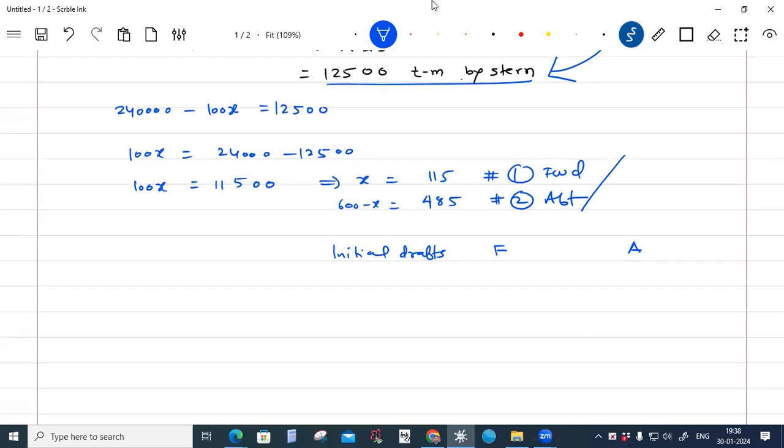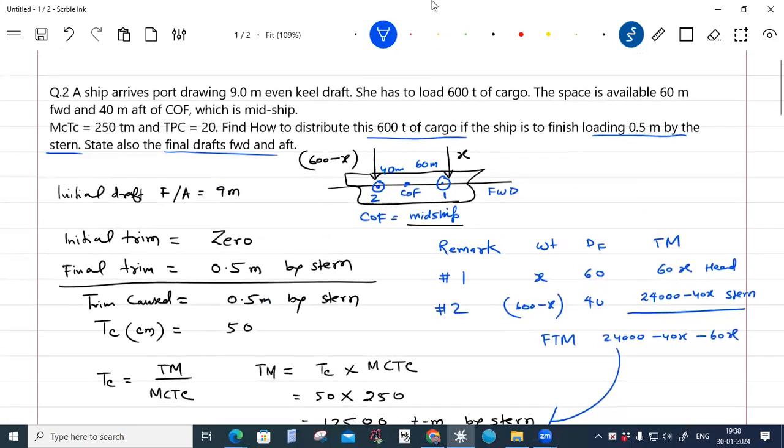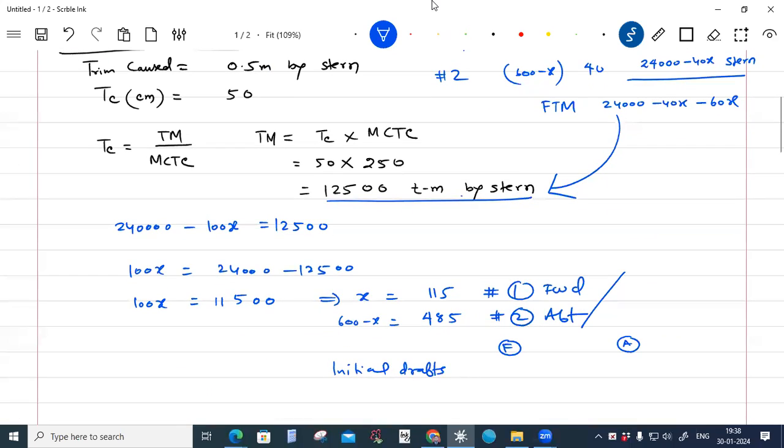It is better to write these drafts a little bit this side. The forward draft is given as 9 meter, and aft is also 9 meter, in meters.